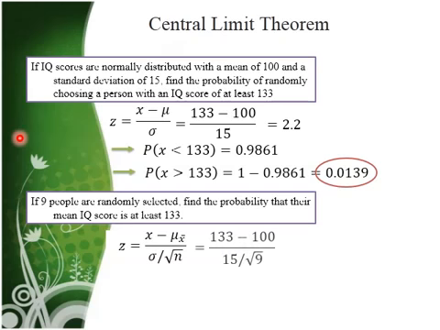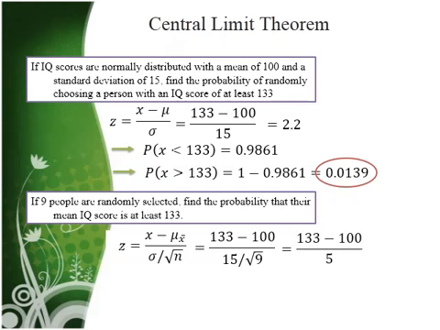So I'm going to have a similar calculation: 133 minus 100, divided by 15 over the square root of 9, because my sample size is 9. And just as a side note, we're looking at the mean of sample means here. However, we said that's the same as the population mean, so we're using 100 still for our mean.